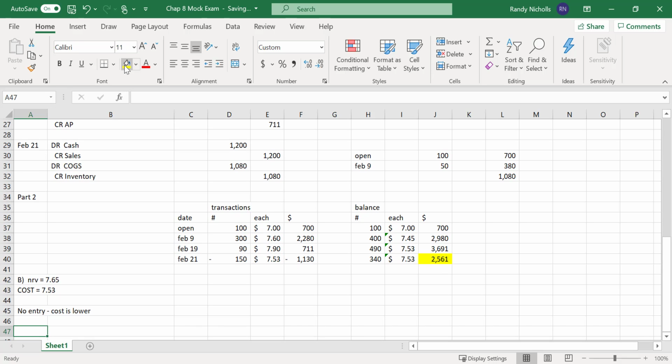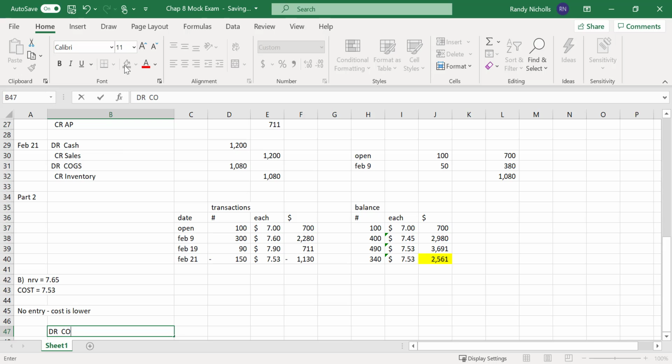Not that it asks it in this question, and not that I would expect you to do it on an exam, but if this NRV number was less than the cost, then I'd have to write the inventory down. So I'm going to have to debit COGS, or loss of some sort, or even shrinkage would be acceptable.